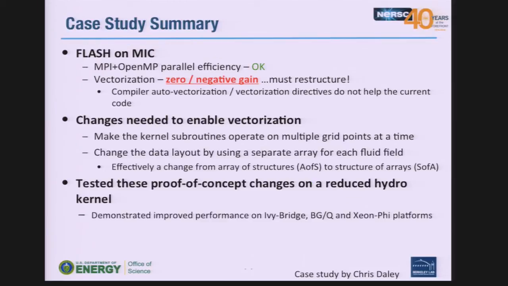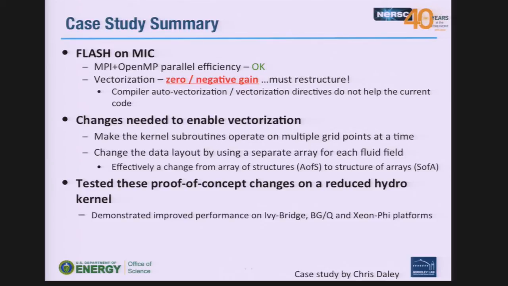Okay, so the takeaway from this is that you really need to look at your OpenMP and MPI efficiency. You need to find where you're running most optimally. Vectorization does matter, and you have to make sure that your data structures are such that the compiler can do the right thing.